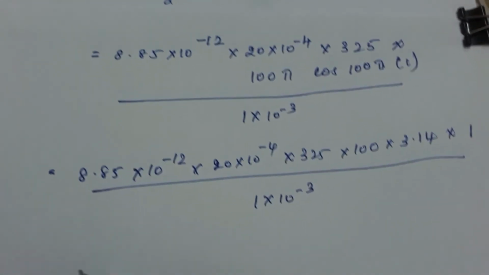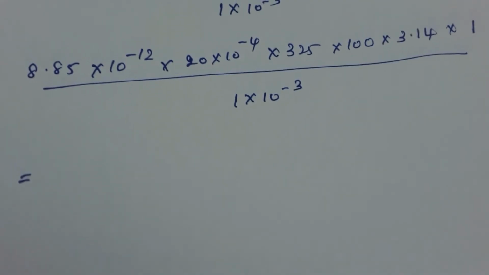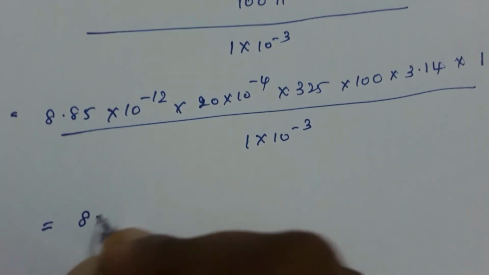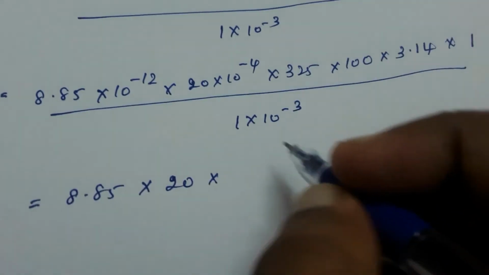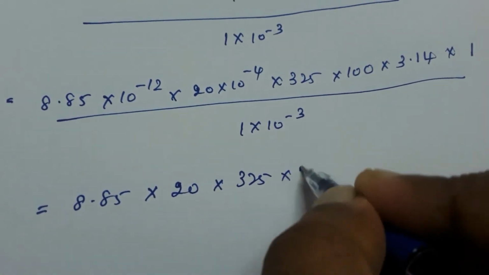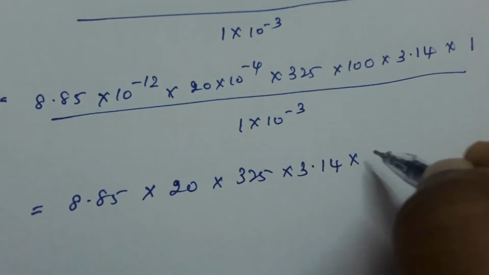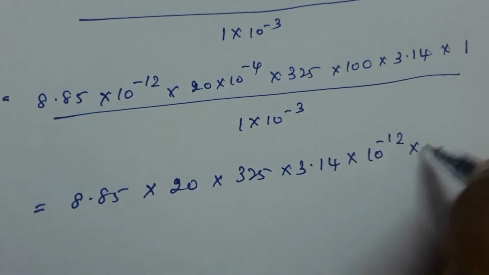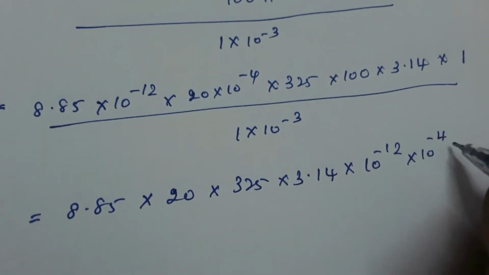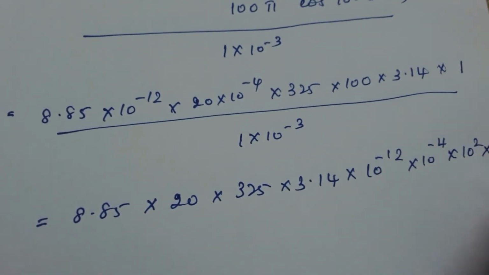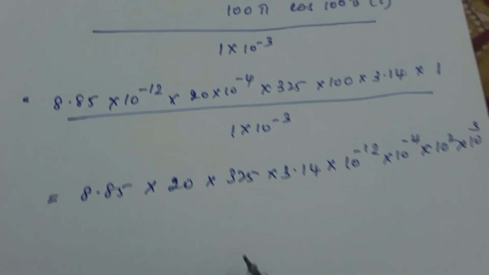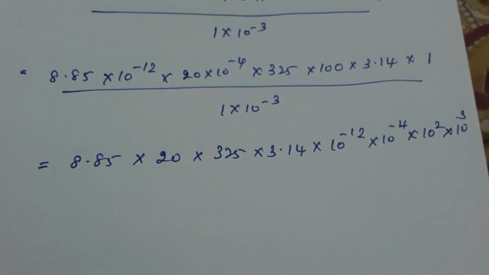Now if I multiply these values, 8.85 into 20 into 325 into 3.14, the powers can be written as 10 raised to minus 12, 10 raised to minus 4, into 10 square, and the denominator we are bringing up as 10 raised to 3.